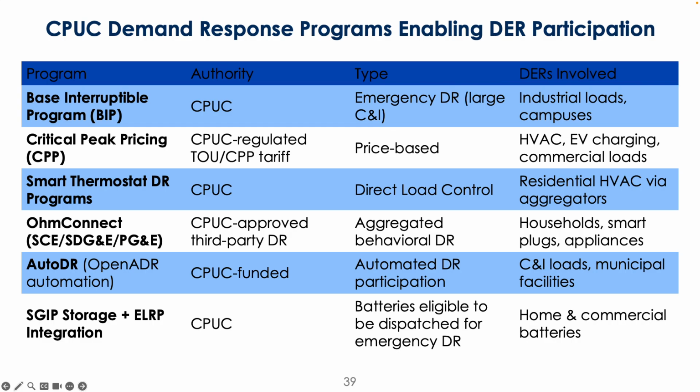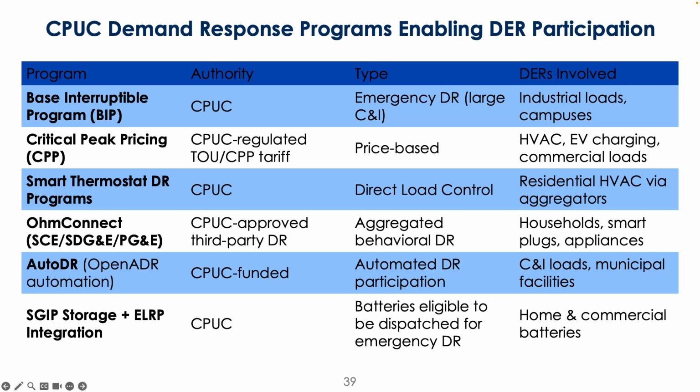There is AutoDR, which is a PUC-funded automated participation program, and this is mainly for larger customer loads, so like commercial and industrial and municipal facilities. And then the SGIP storage, and then the emergency load reduction program that I was just mentioning, as another program.